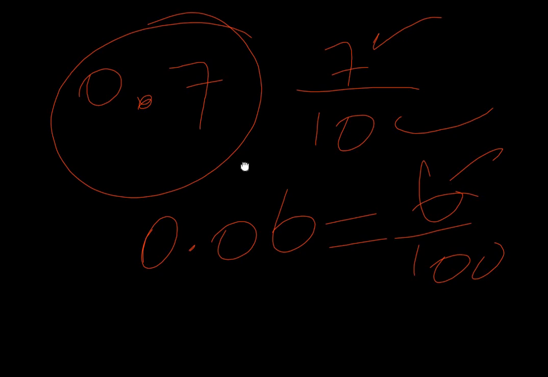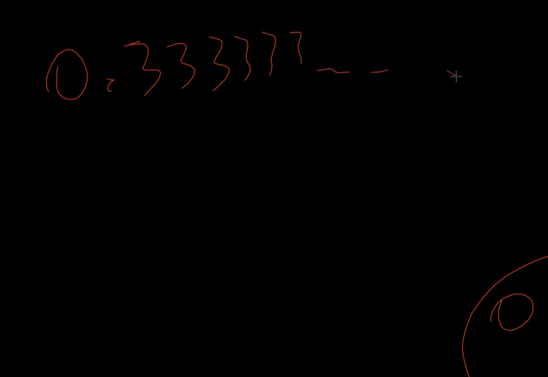So let's look at another set of rational numbers. What if we had 0.3, 3, 3, 3, 3, and it continues. Now these decimals are what we call reoccurring decimals, or repeating decimals, and this can also be represented as a fraction. We could say 3 over 9 is the same thing as this, and so you have 3 and 9.